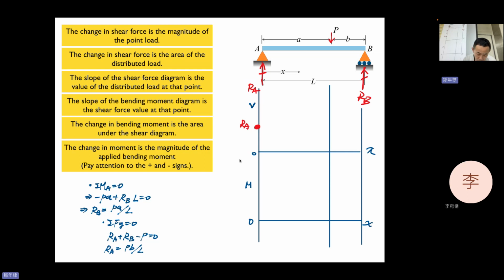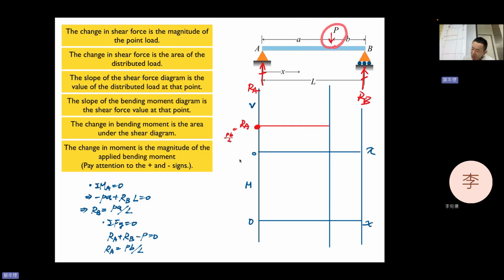RA is PB divided by L. And there's nothing in the middle, so nothing changes in the shear force. The change in the shear force is the area of the distributed load. There's no distributed load here, no point load here, nothing changes.